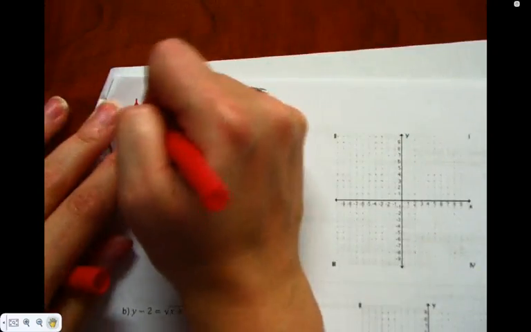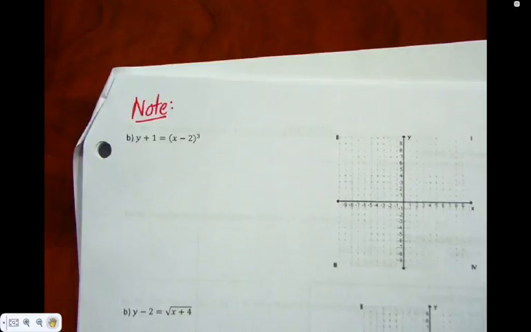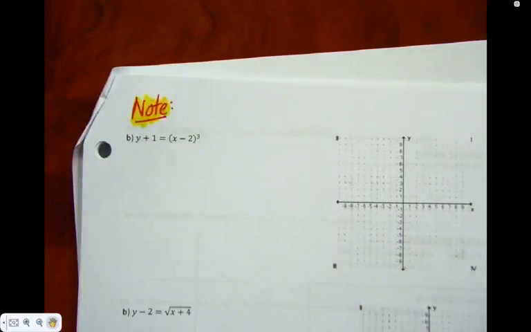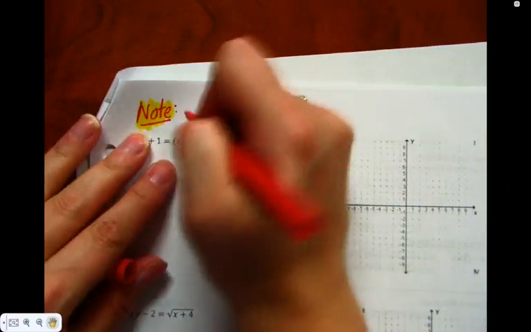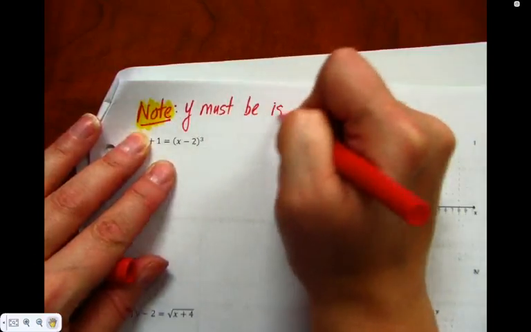Cubic. Note: it's not as important as the other, but it's still important. Y must be isolated.